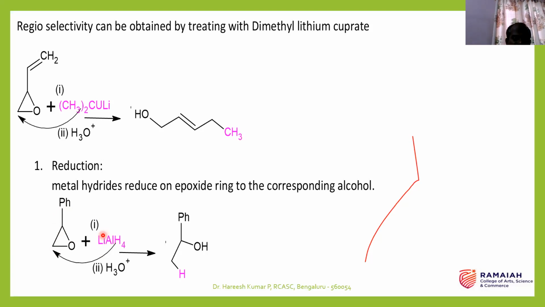So what will happen? The hydride can attack the less hindered carbon, not the more hindered carbon. That is why the product obtained is 1-hydroxy-1-phenylethane. So this is about the reduction.